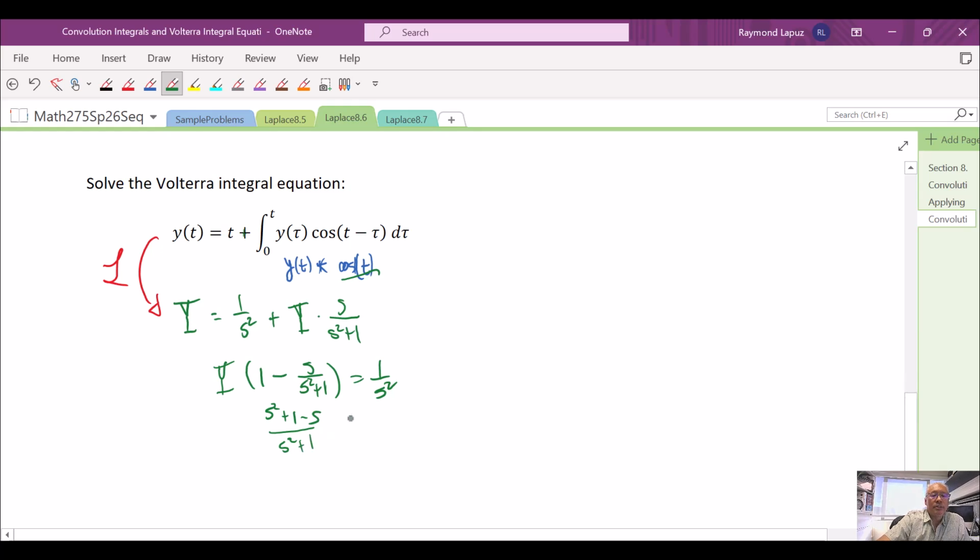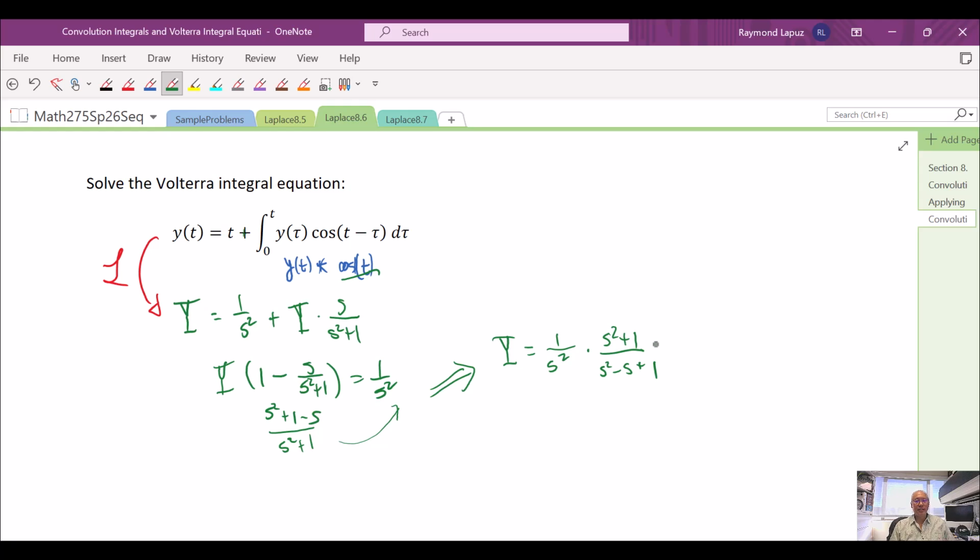And so we need the reciprocal of that to bring to the other side. So we got y is equal to 1 over s squared times the reciprocal of this, s squared plus 1 divided by, it looks like this is going to be an s squared minus s plus 1, which, unfortunately, does not look like an easy formula.